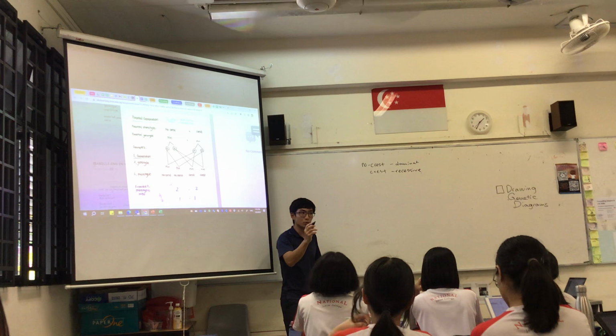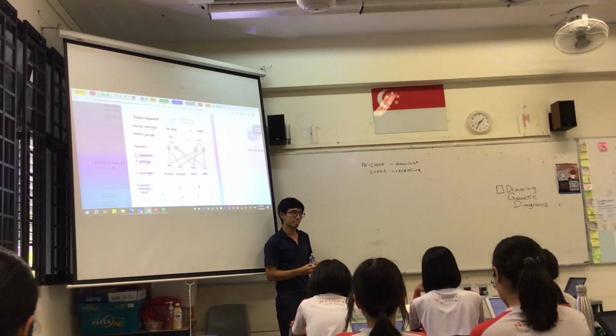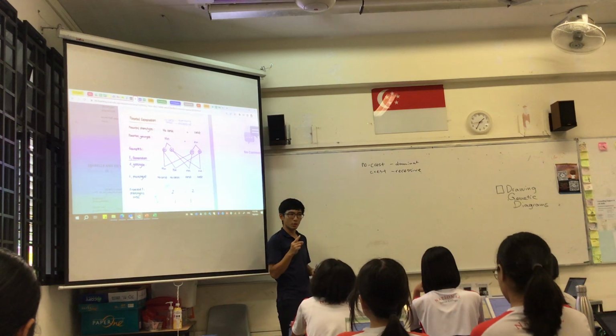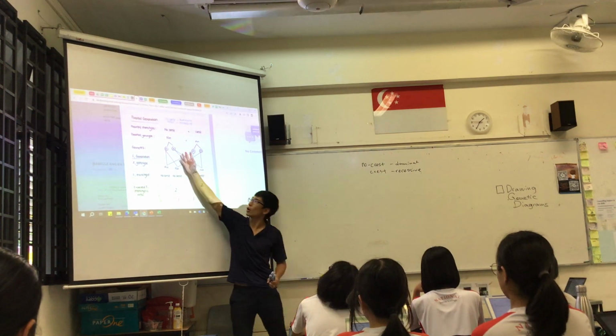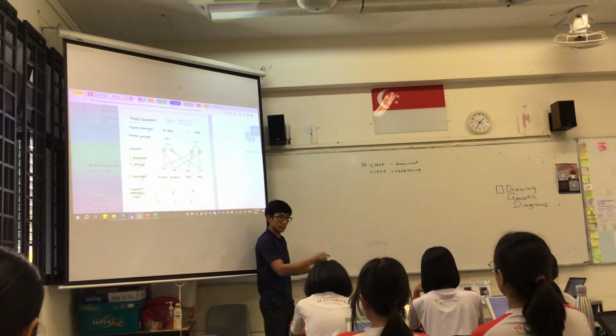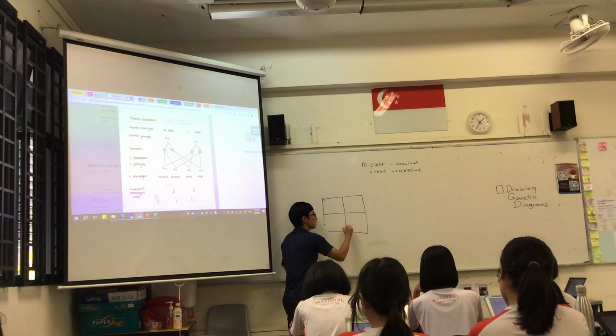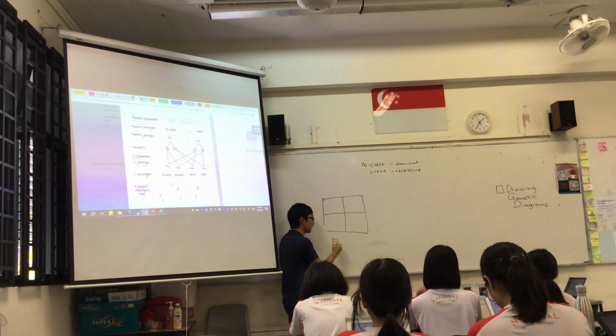Anyway, if you want to double check if your answer is correct, what can you do? What's a quick way to double check that you did all your crossing correctly? Draw the table. This table, known among biologists as the Punnett square.